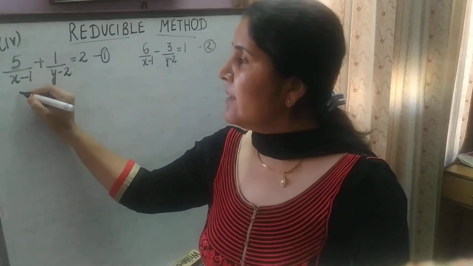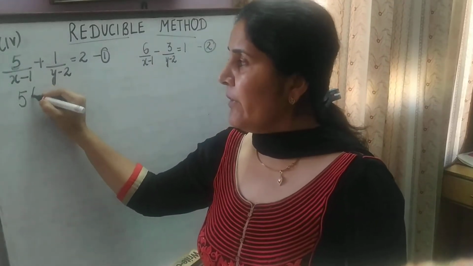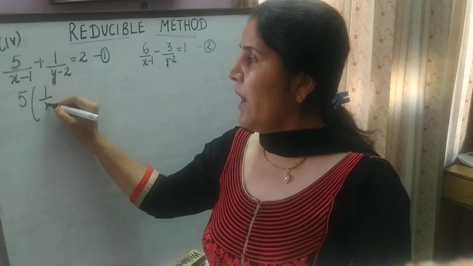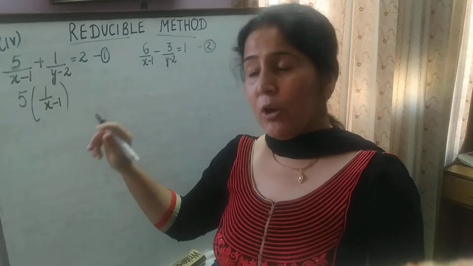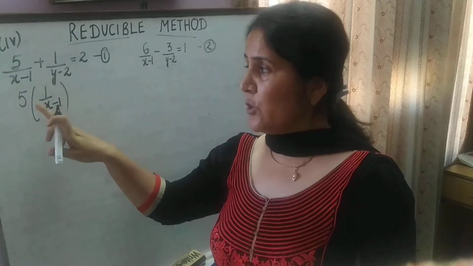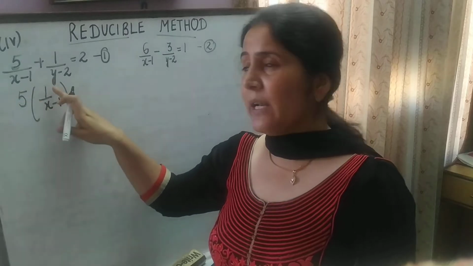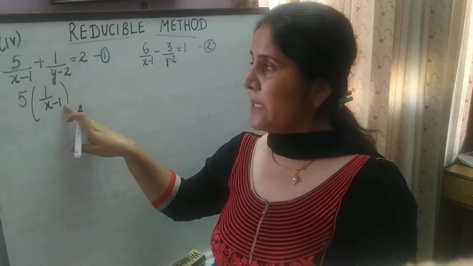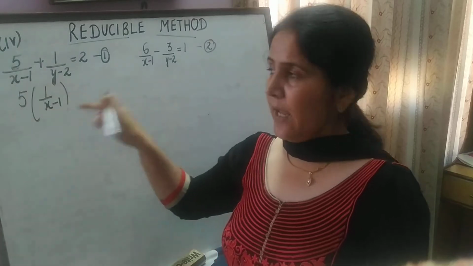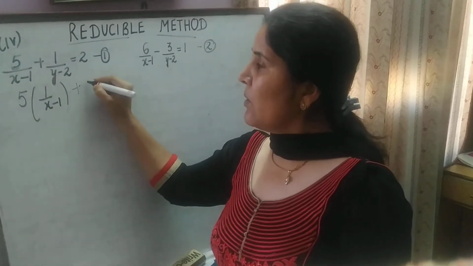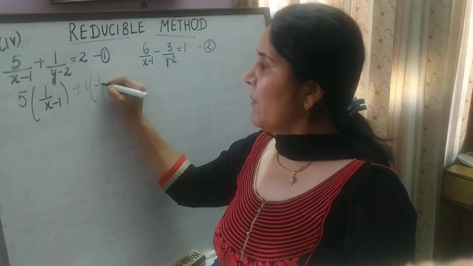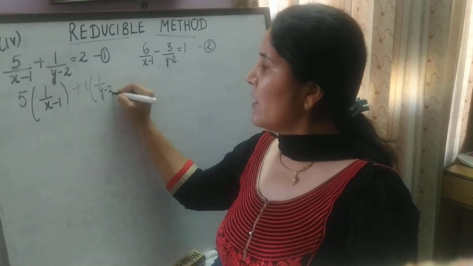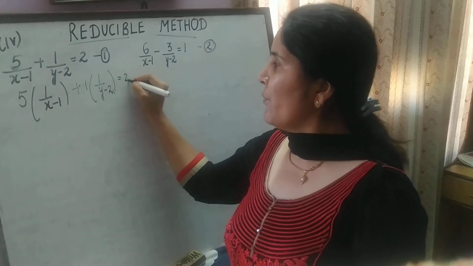Now, can I write this equation as 5 into 1 upon x minus 1? Because if we multiply these two, as you can see, 5 multiplied by 1 is equal to 5, and it is upon x minus 1. These both are same. So now in this also, 1 into 1 upon y minus 2 is equal to 2.